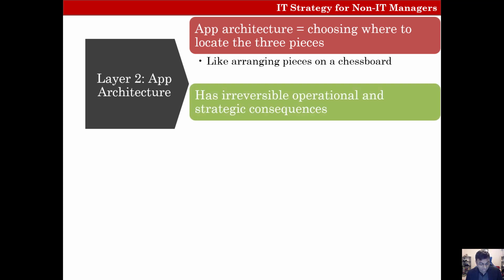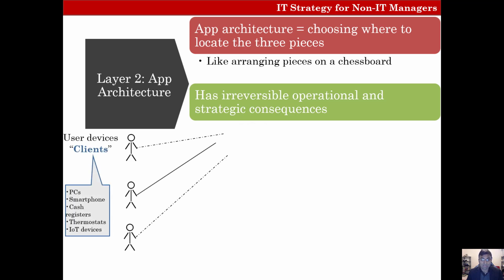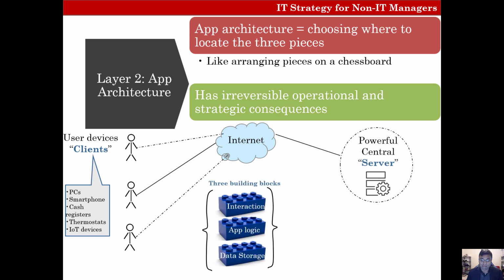Now, an application contains three building blocks of functionality, and these can be placed either centrally or individually. So here is user devices, and through the internet connects to the server.